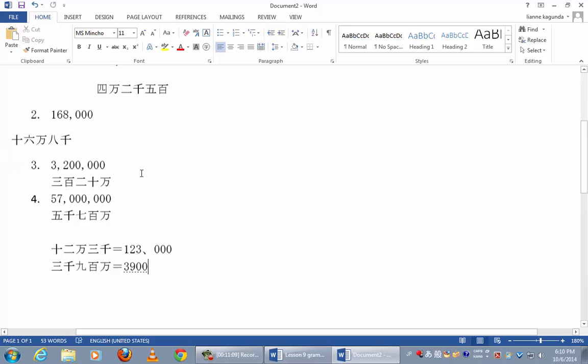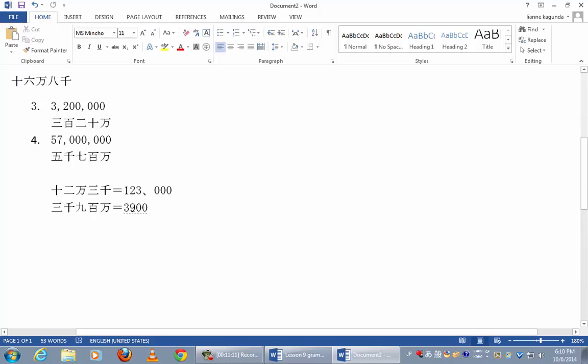Sanzen, kyu, hyaku, man, and then we've got to add in a 0 for sen, a 0 for hyaku, a 0 for ju, and a 0 for ichi to get all of our place values, right? And then you can backtrack to find where you want to put your commas. Make sense?